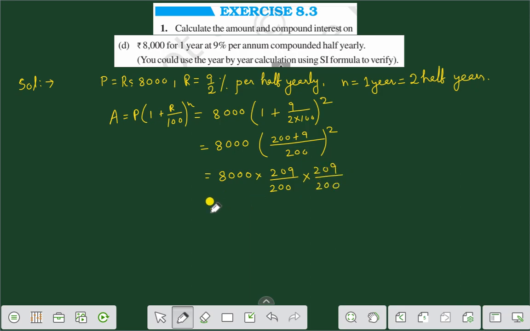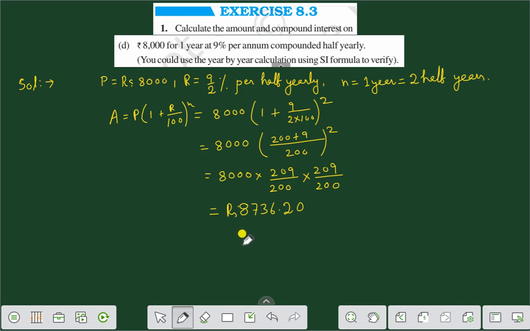After calculation, we get the amount as rupees 8,736.20.